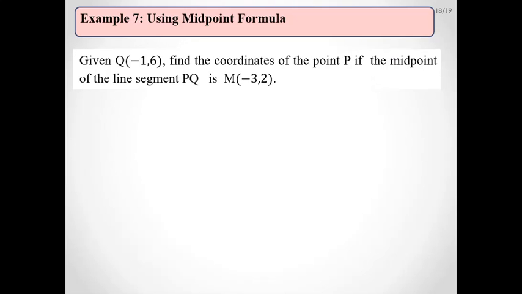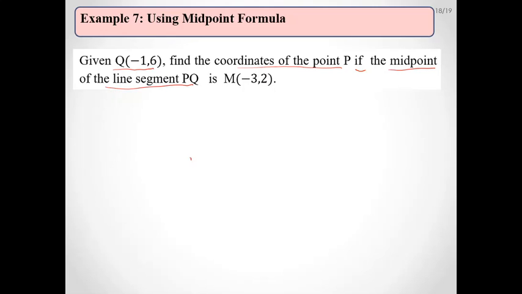Okay, let's look at another example. It says, given point Q(-1, 6), find the coordinates of the point P if the midpoint of the line segment PQ is M(-3, 2).